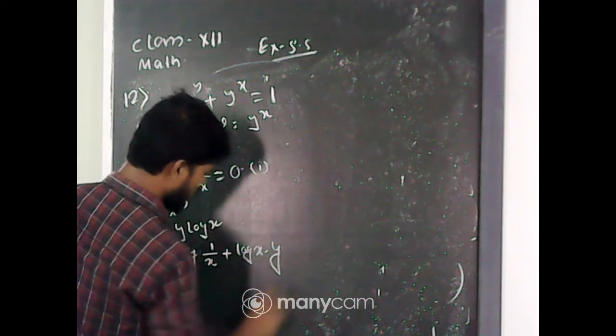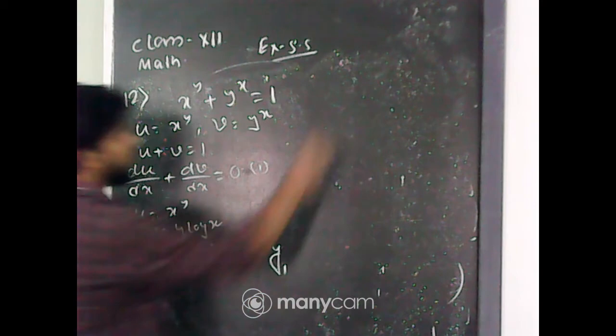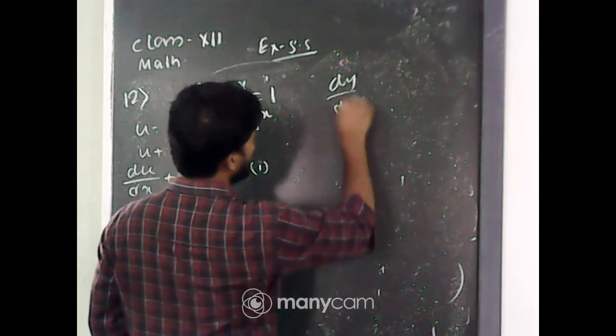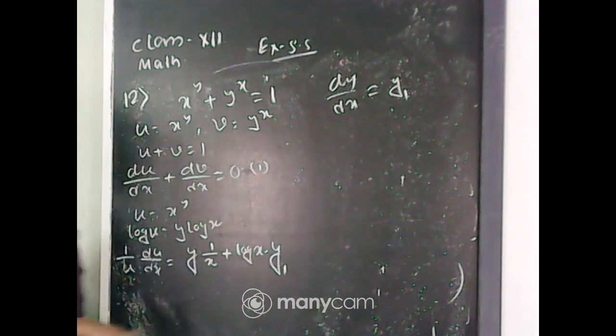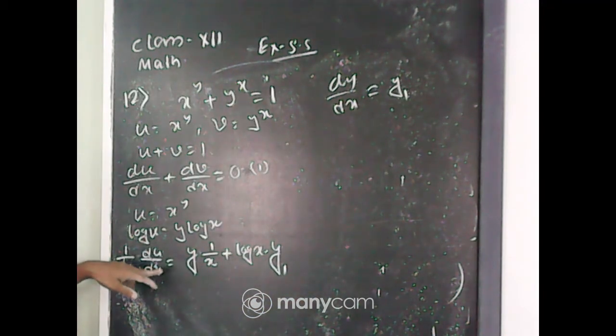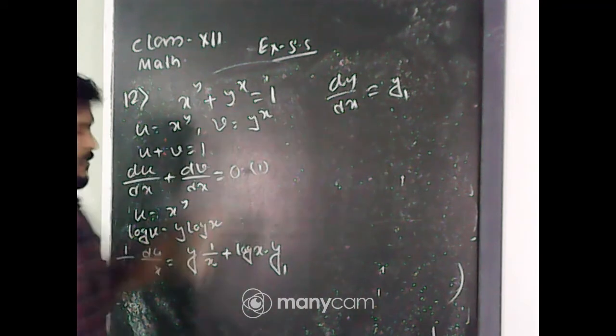We are denoting the derivative of y, dy/dx, as y1. dy/dx is sometimes denoted by y1, so we are denoting y1 instead of dy/dx.